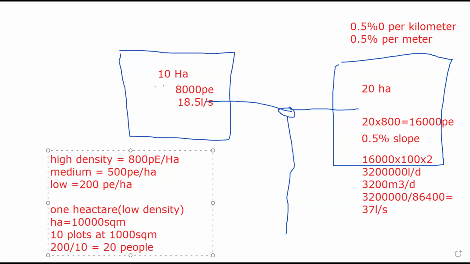When I say percent or per meter, it means per 100. I think when I say per deca, it means per 100,000 or so, but we're not into that. Per hectare also has its own reference.